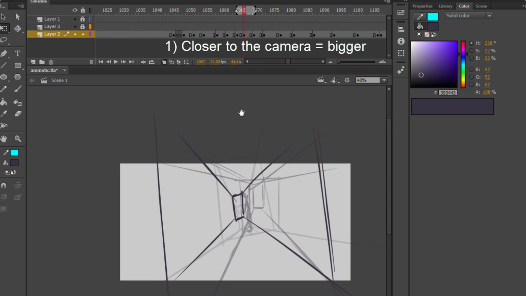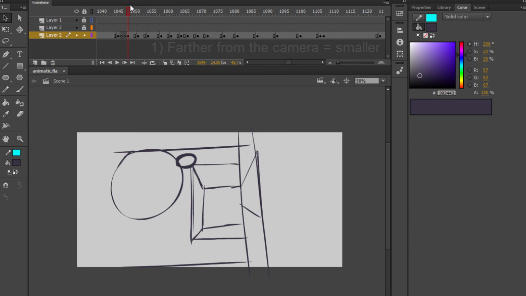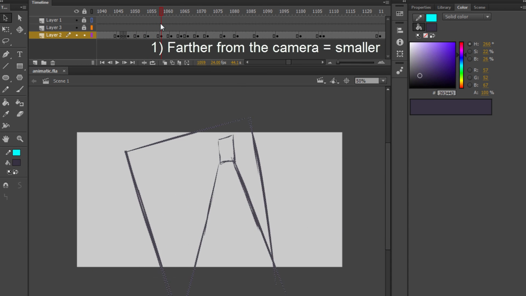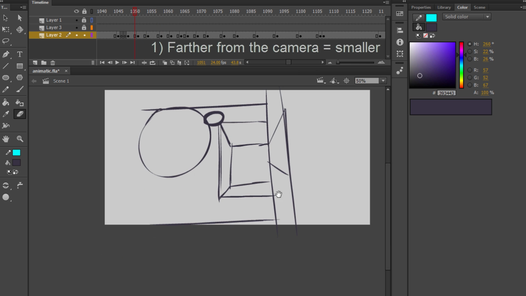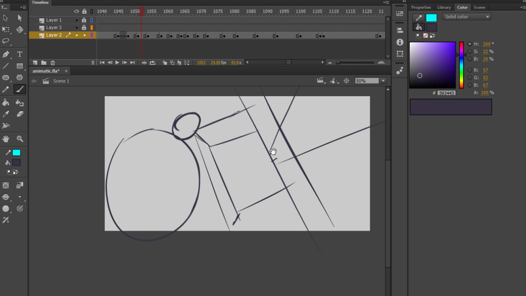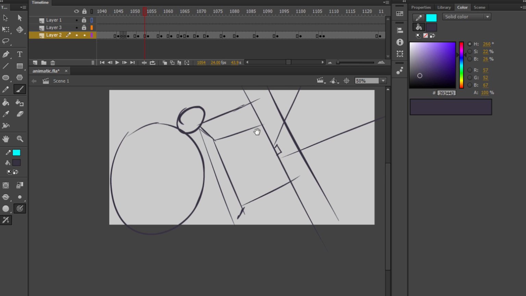Sounds simple, but it also works in the opposite way. So things are smaller when they're further away from the camera. And when you take into consideration that you might be moving through some of these objects, they actually get progressively bigger and progressively smaller. So the size of anything in the frame can change at any time if you're doing a 3D like camera movement into a 3D structure.